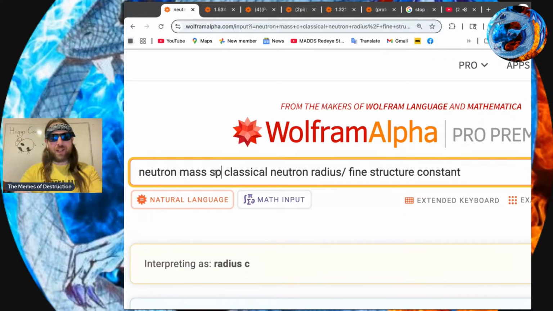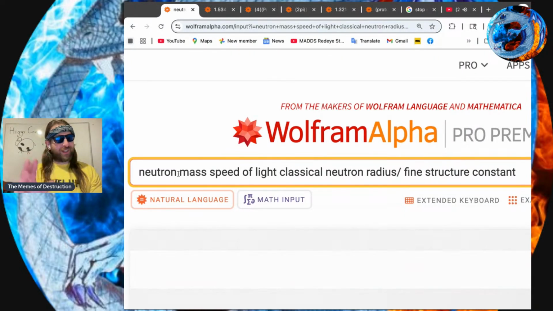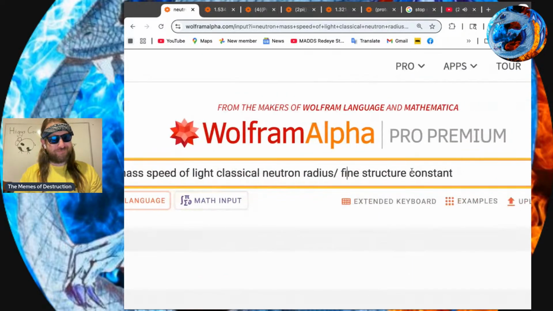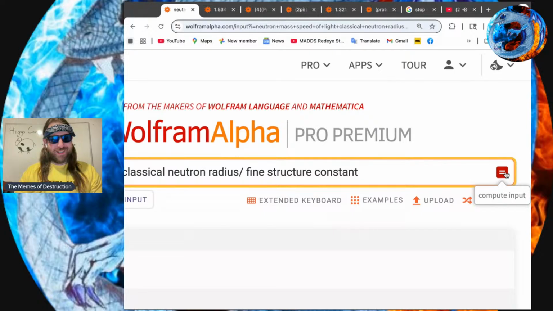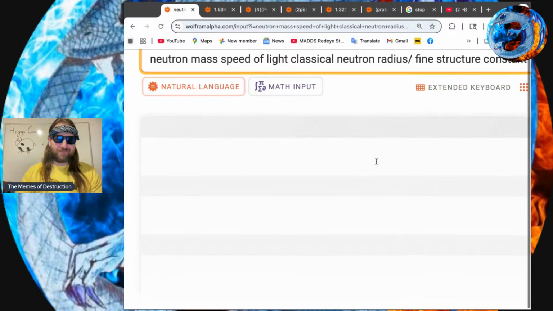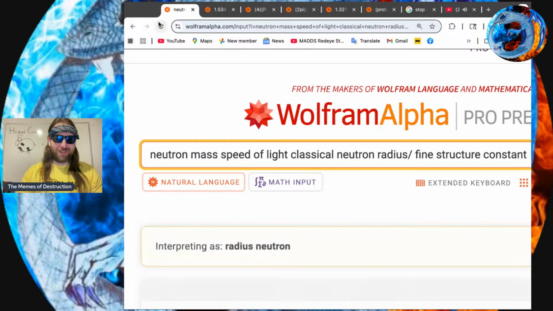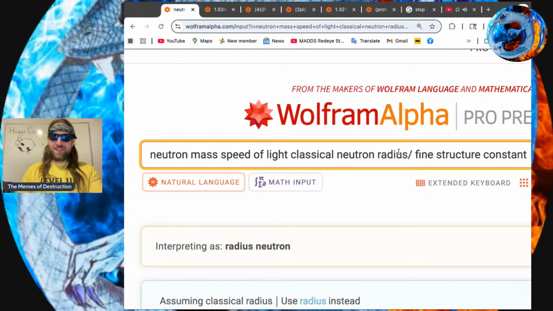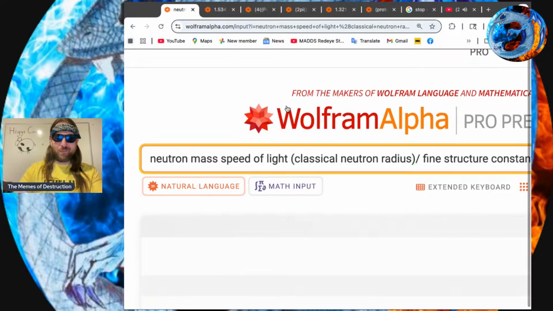Now it wants me to do the speed of light, because sometimes when I go to the neutron, I need to type out the full speed of light. Oh, come on. It doesn't want to work with me. I put these things in boxes.